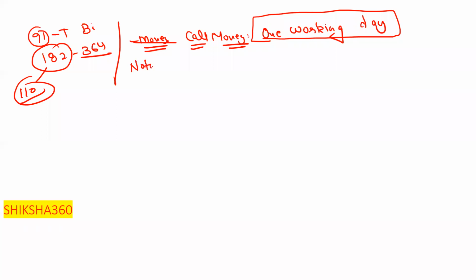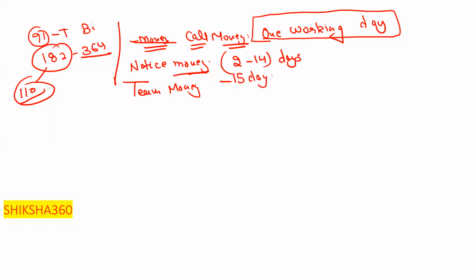Notice money is 2 to 14 days. And term money is 15 days to 1 year.